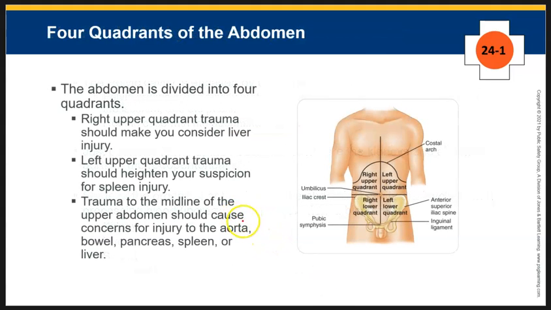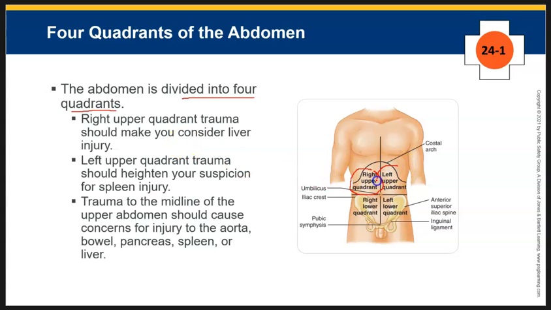When we look at the abdomen, remember during secondary assessment and a good head to toe, we divide the abdomen into 4 quadrants. A review of anatomy tells us that in the right upper quadrant, pain there could indicate the possibility of trauma to the liver.